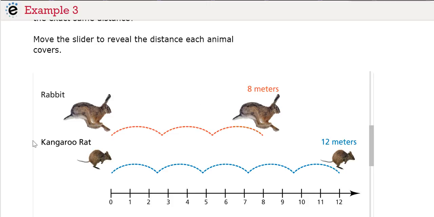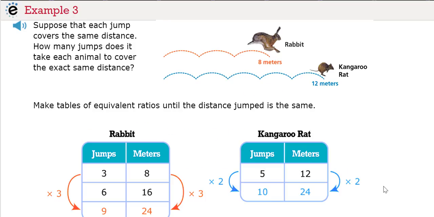On your screen I've already done the slider, so we've revealed that a rabbit in 3 hops can jump 8 meters, while a kangaroo rat in 5 hops can jump 12 meters. So we've already been given that information. How do we put that into a ratio that we can work with?